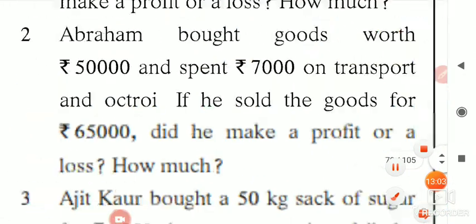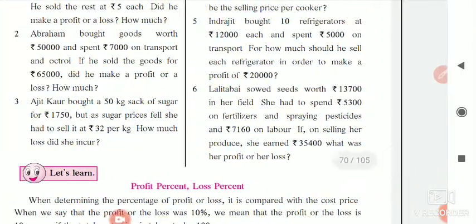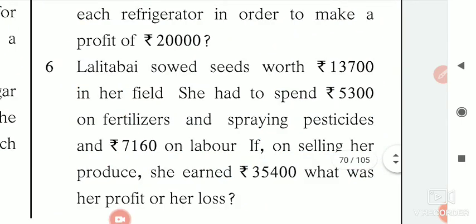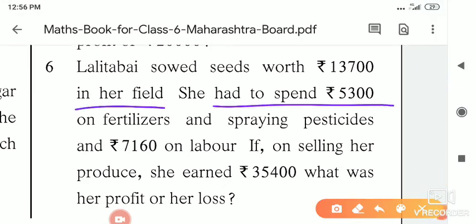Now the next question is question number 6. Lalita Bai sold seeds worth rupees 13,700. Then in her field she had to spend 5,300 rupees on fertilizers and pesticides.